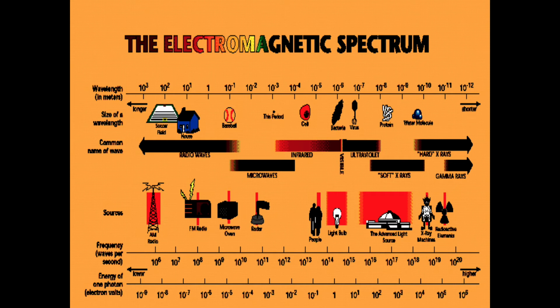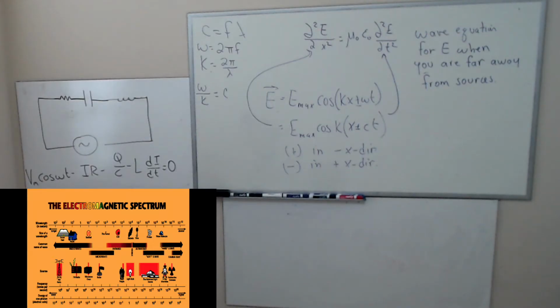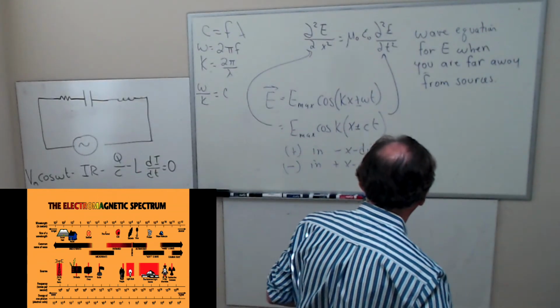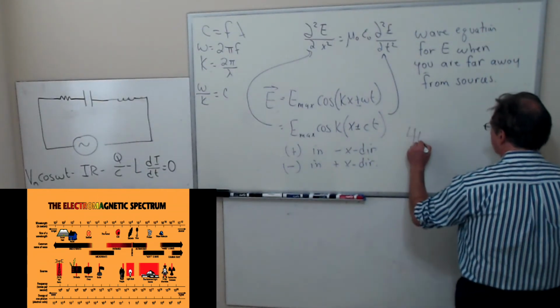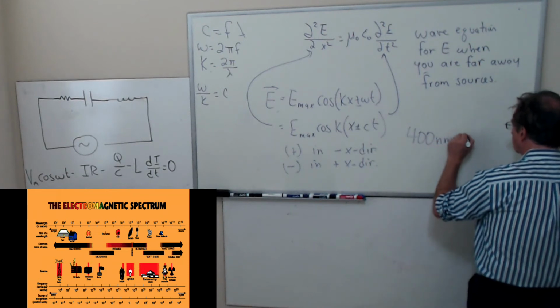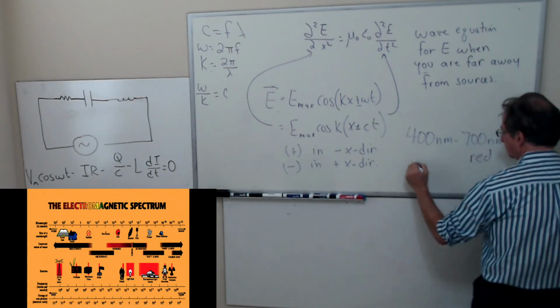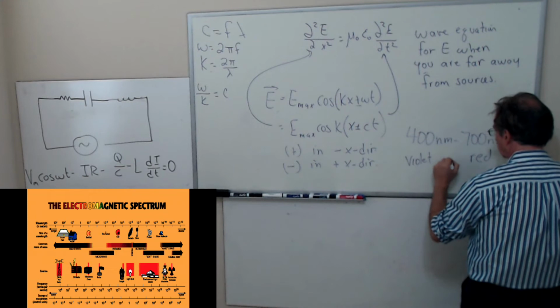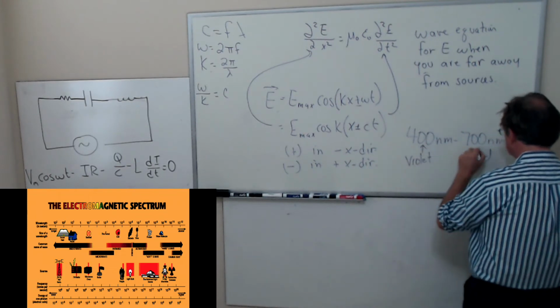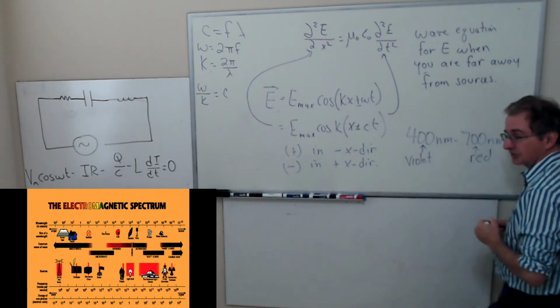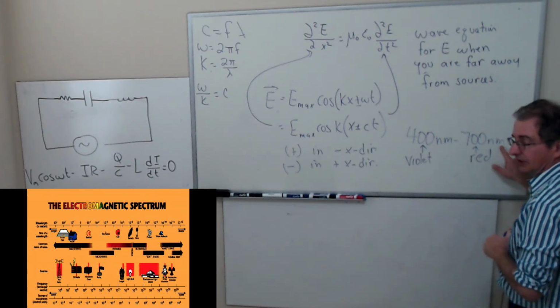The most interesting one to us, because we can see it, is the visible regime, and that's the smallest range. Look at that range. Let me write it on the board. The visible range spans from 400 nanometers to 700 nanometers. This is red. This is violet. 400 times 10 to the minus 9 meters to 700 times 10 to the minus 9 meters.